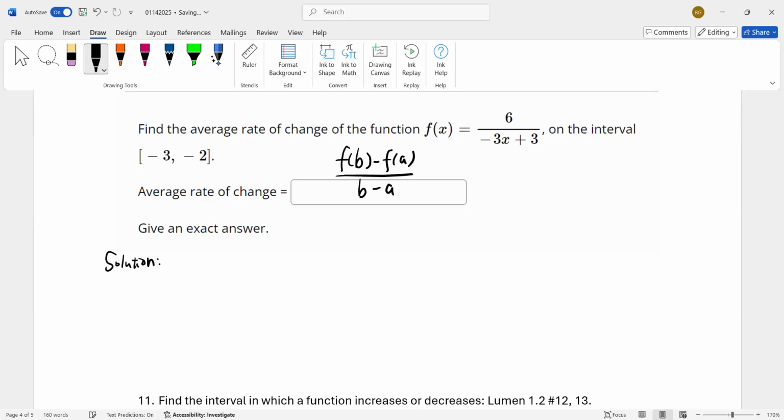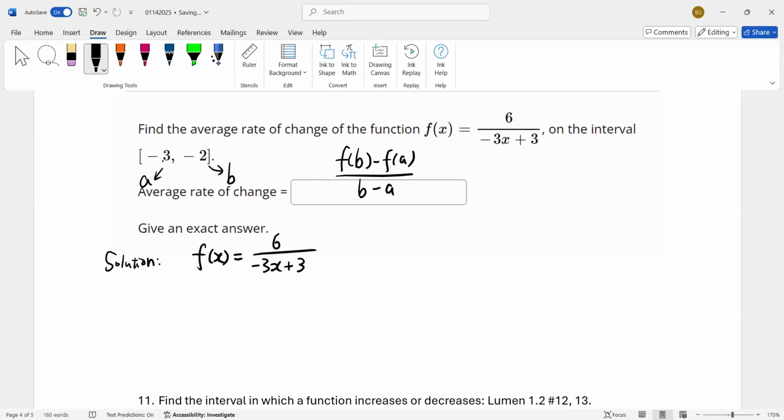So in our example, a is -3, the starting point of the interval. b is -2, the ending point of the interval. So we have a and b found. Then what is f of a? What is f of b? Okay, so f of x equals 6 over negative 3x plus 3.